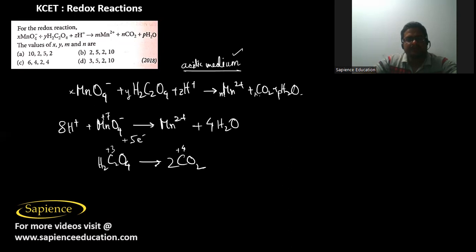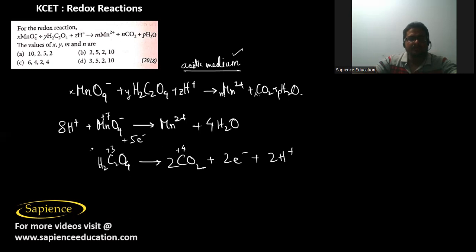So it means I should add 2 electrons. And here we have to add 2 H plus ions also, since it has 2 hydrogens. So now here we have to add 2 electrons, and here we have to add 5 electrons.